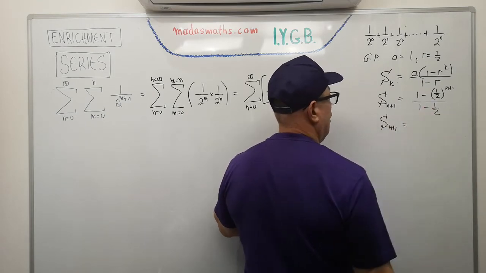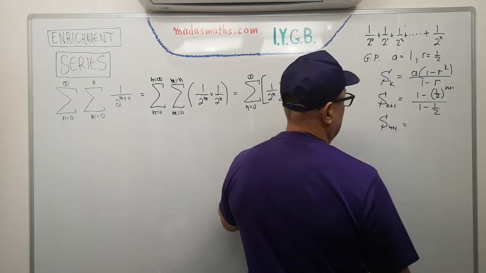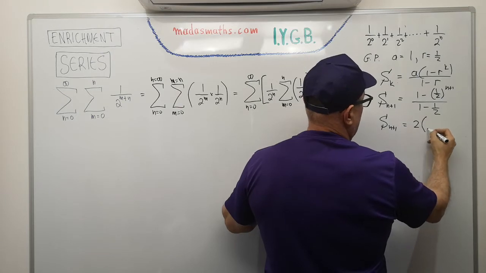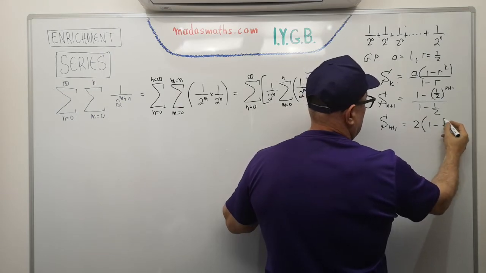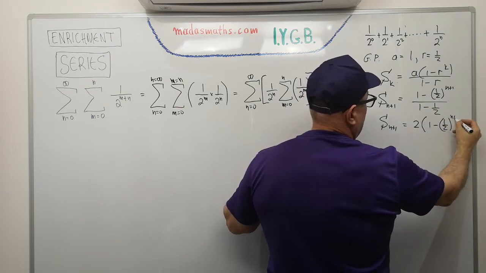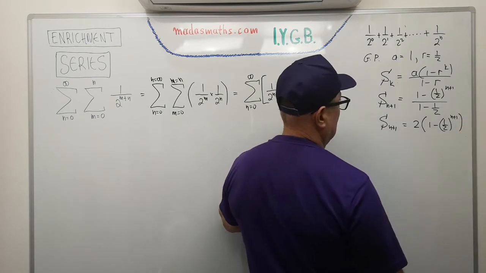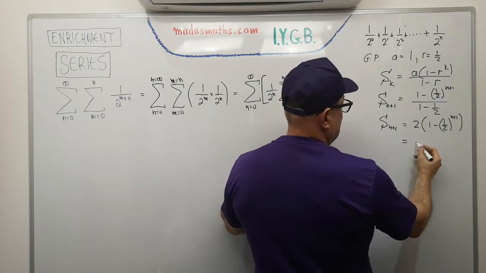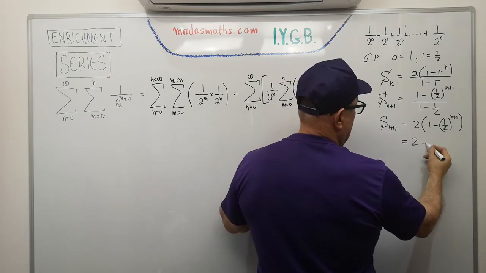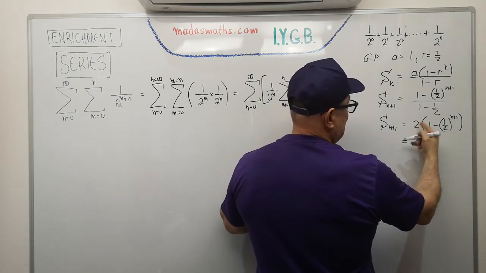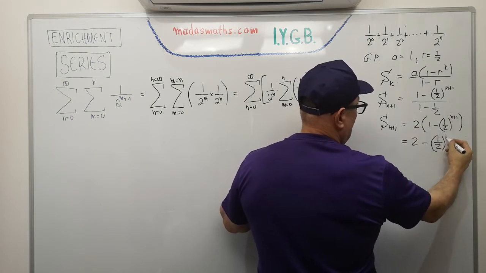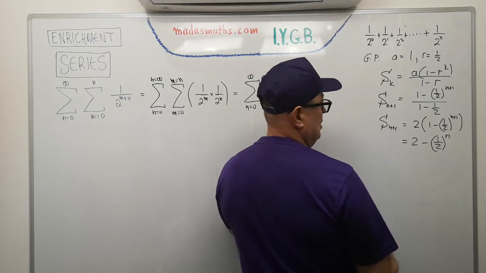And this is 1 minus a half, which is of course a half, and therefore it's going to be 2 times 1 minus a half to the power of n plus 1, close brackets. And if we want to simplify that further, we can actually write this as 2 multiplying the bracket minus, when I times it by 2, it will reduce the power of a half back to the power of n. I hope you can all see this particular one.